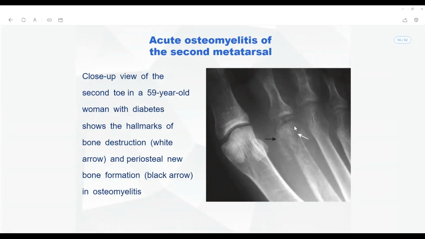You can see some areas are blacker and some areas are whiter. This is the new bone formation. That's the reason we call this condition a bone within a bone appearance. I think you have heard this term in pathology, right? Bone within a bone appearance is a characteristic feature of osteomyelitis.